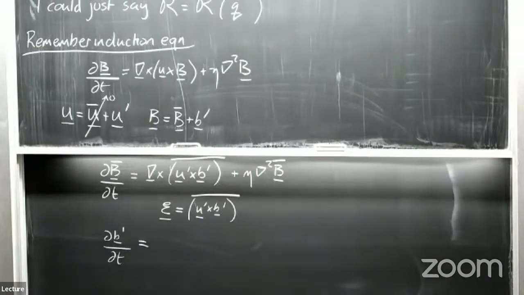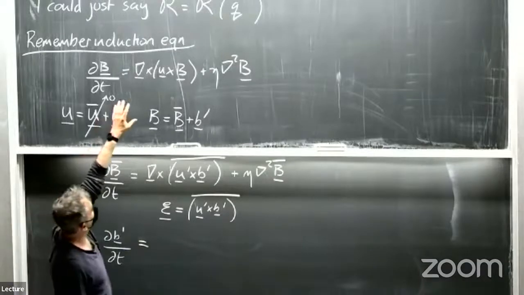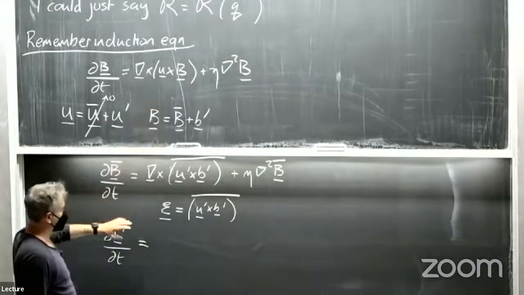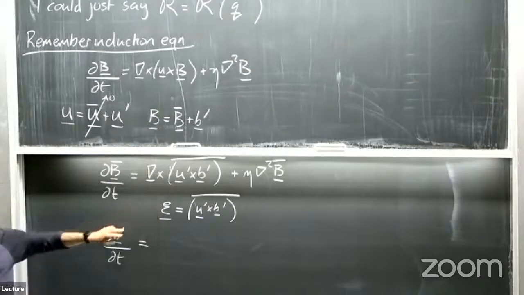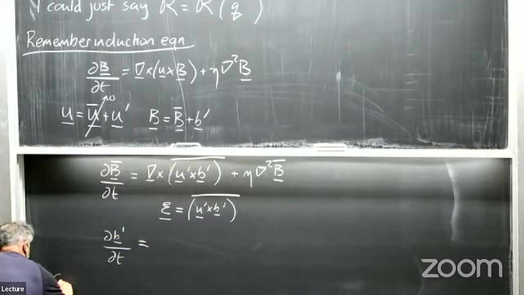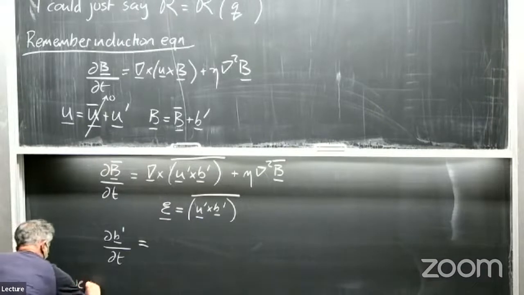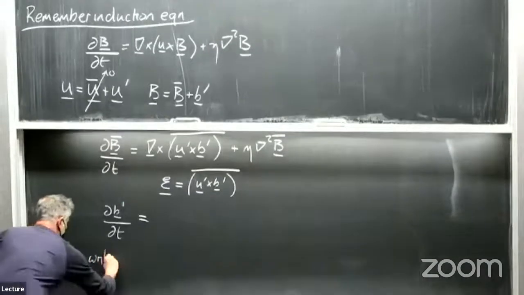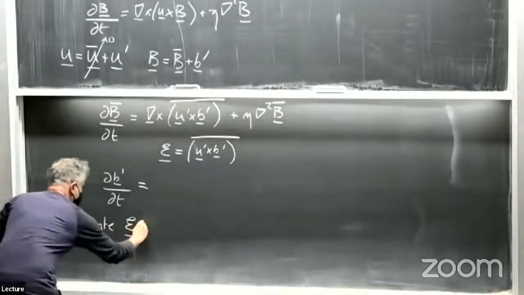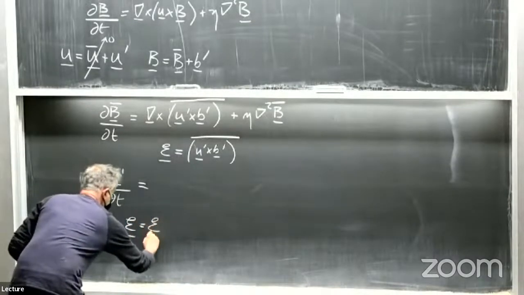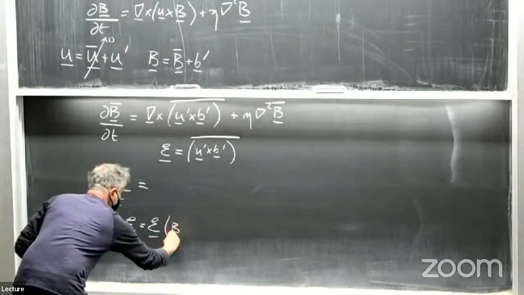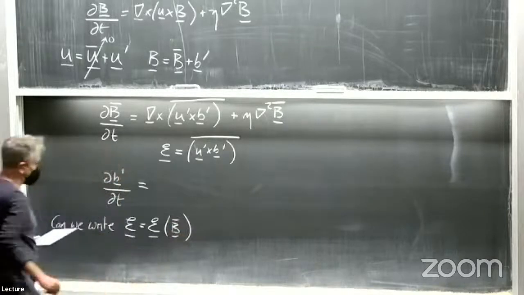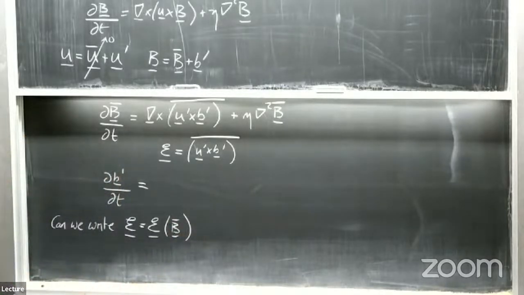So at this point, we can say quite a lot. So the equivalent of saying R is R of Q is writing E as some function of B bar, you know, and perhaps its derivatives or whatever.